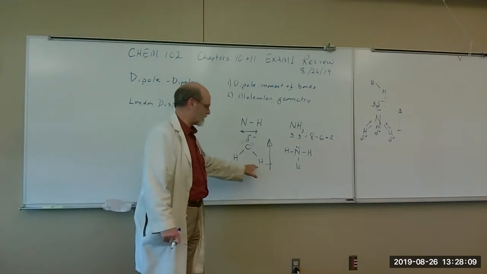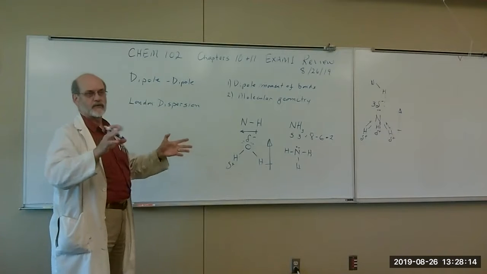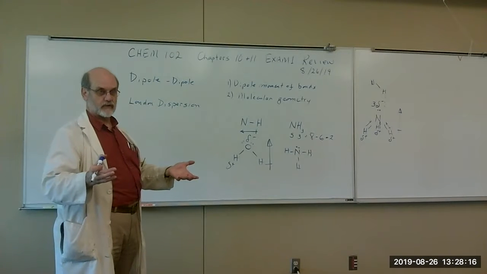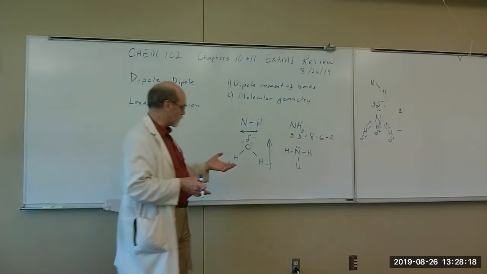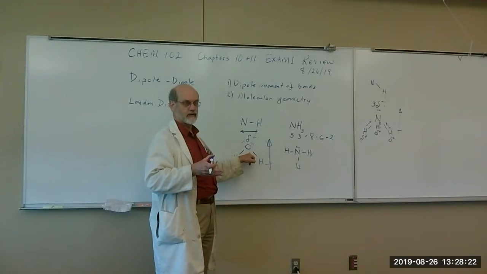But you always have to have hydrogen there. You can have dipoles between any two atoms that are different in electronegativities. But for hydrogen bonding, one of them has to be hydrogen, and the other one has to be a highly electronegative atom, like oxygen, sulfur, fluorine.